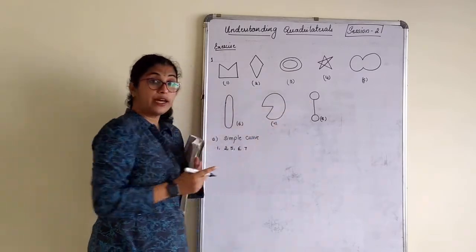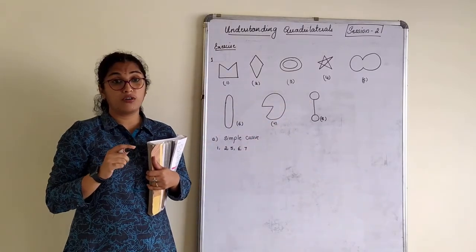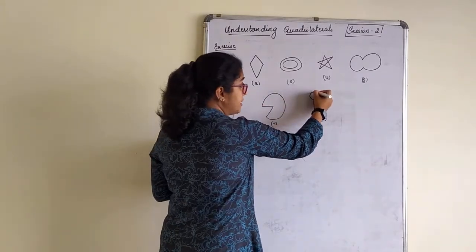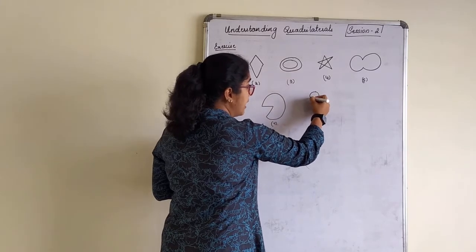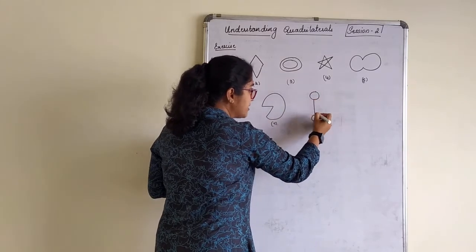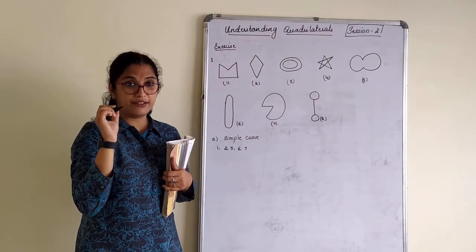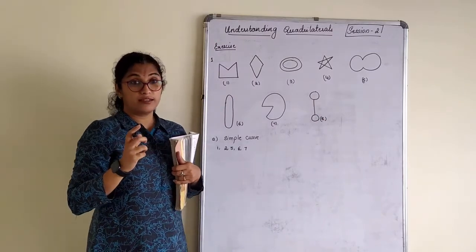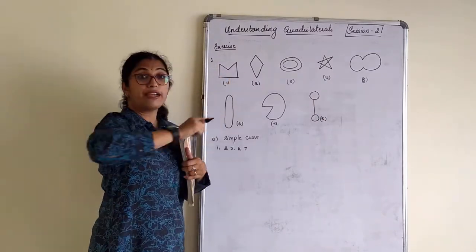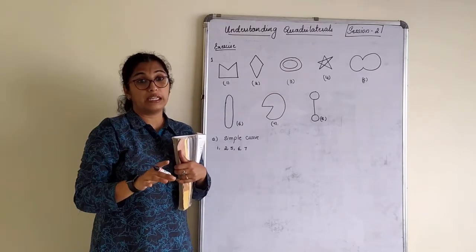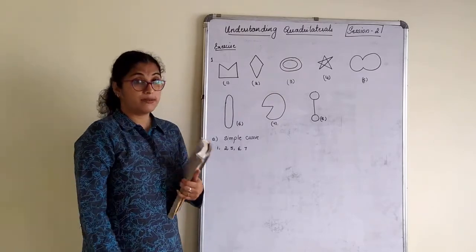But in the eighth one, it is up to you how you draw. If I start from here, I have to end here, and to draw this line I have to again lift my hand. There is no other trick. But for the others, when we draw, it has to come in one go only. So the eighth one will not come.